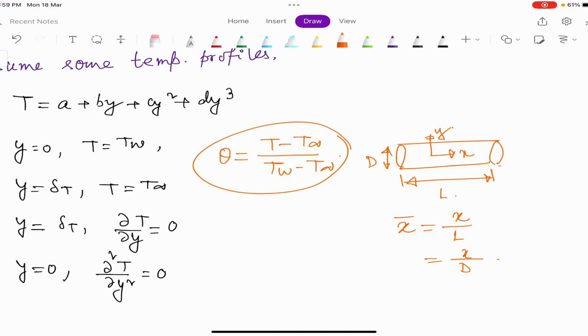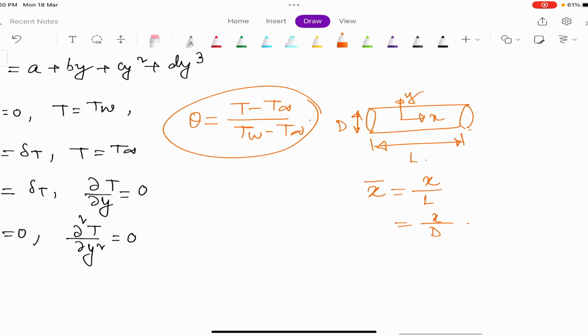But you should choose the one that will simplify your problem more. Also you should choose the one that will govern the physics.